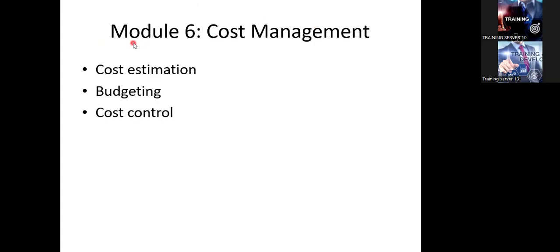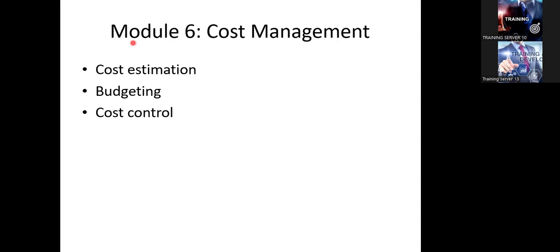Finally, we reach the cost, module number 6. We have to review our cost and not increase the cost. We have budgeting, and we monitor the payments and review resources. We do have alternatives, and we use whatever is suitable for our work, and we choose the proper material.